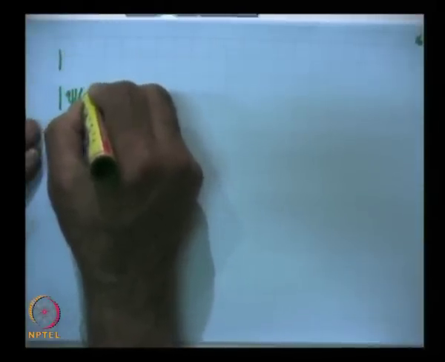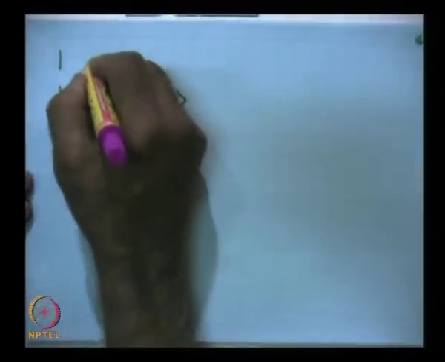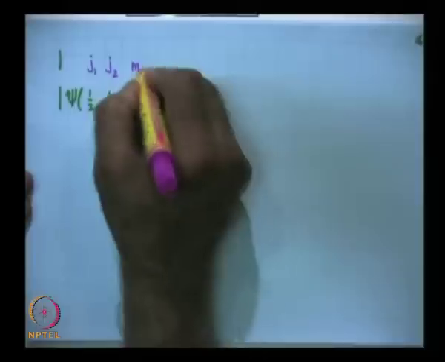So, let me write it down again. So, you have 4 psi functions. So, let me write here psi half, half, half, half. These are the values of J 1, J 2, M 1 and M 2. J 1, J 2 is the same for all the 4 functions.